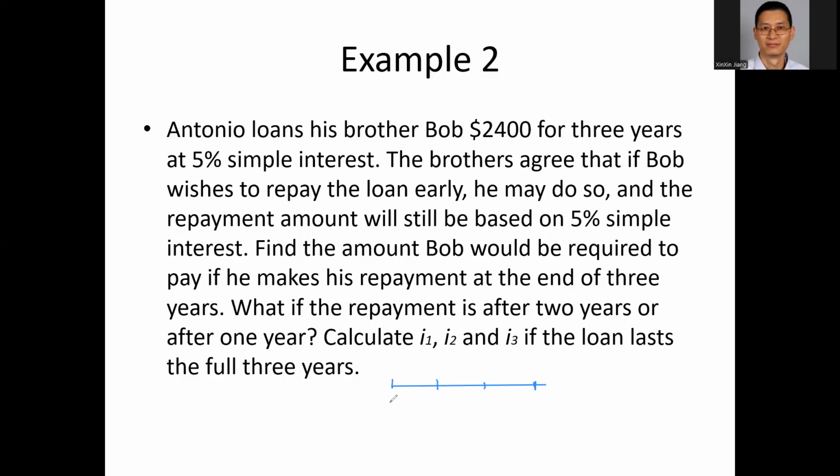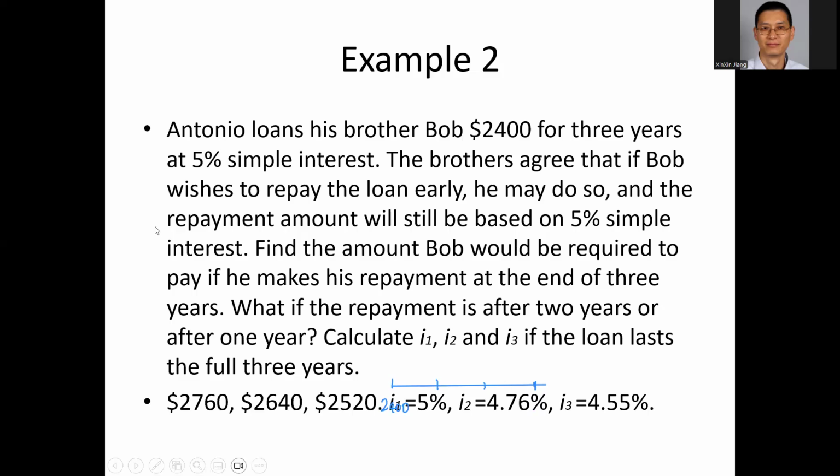So you would have 2400 at the beginning, and after 1 year, I actually need the numbers. I didn't calculate them out, so I'm just going to look at these numbers. 2640. Hold on a second.